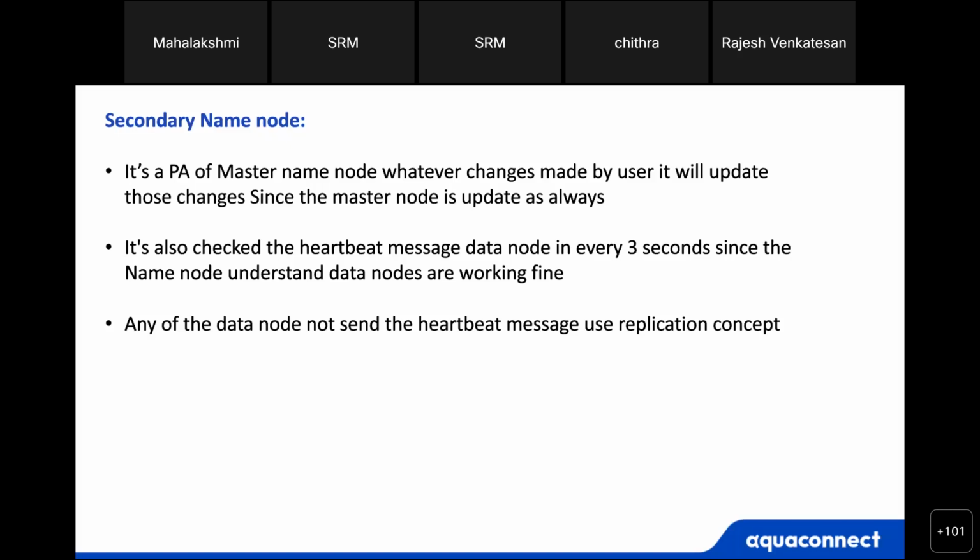Like that, in an office we have our check-ins, and from our check-in data they understand that today I attended the office. The heartbeat message is sent by the data nodes. If the message is not sent properly, the master name node understands my data node has failed.